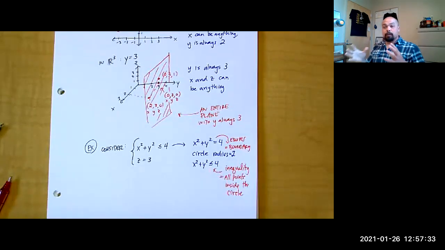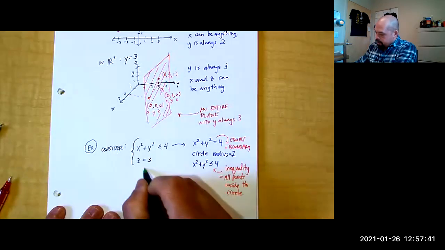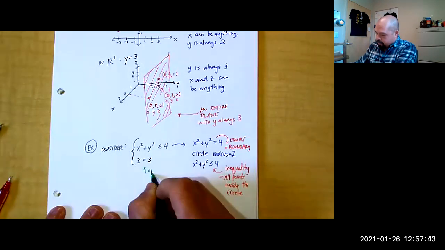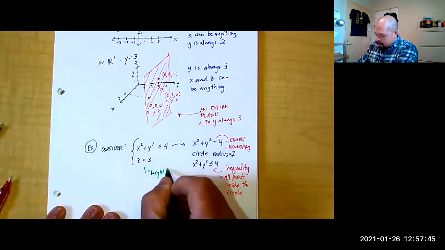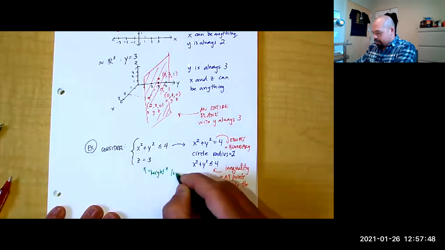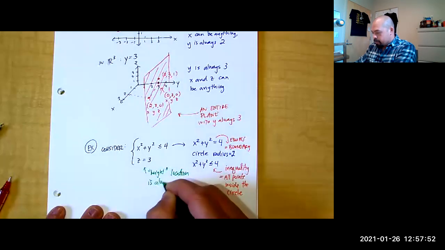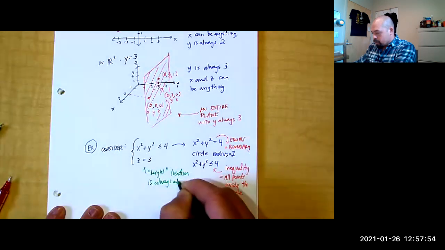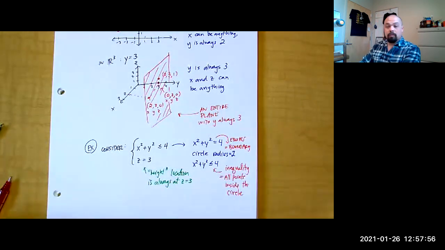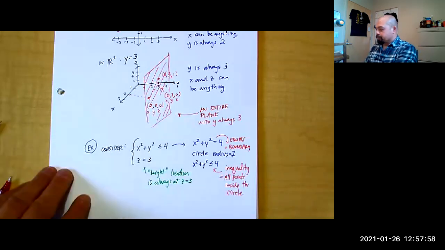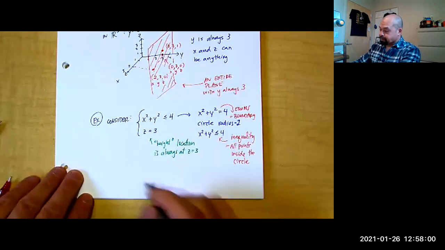So starting to put some of those pieces, the mathematical symbols and meanings, together. And then in this case, with z equals 3, that height location is always at that z equals 3. Okay, and again, that could have been any value.